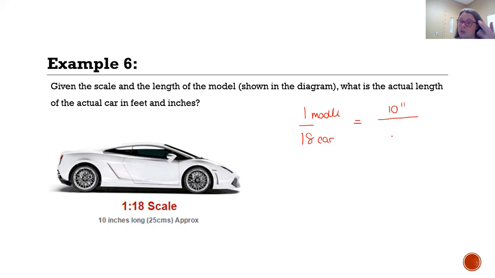You could flip it over. As long as you flip both things over, you'd be okay. So the model was 10 inches long. So the actual car is how many inches long? Well, let's figure it out. 18 times 10 equals x, so 180 is equal to x.